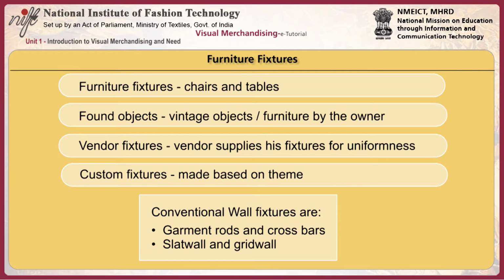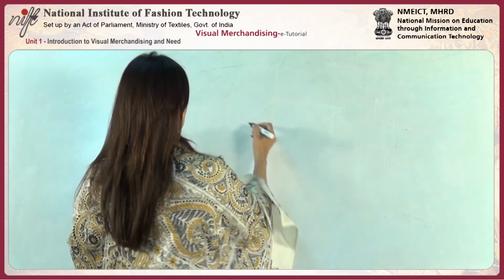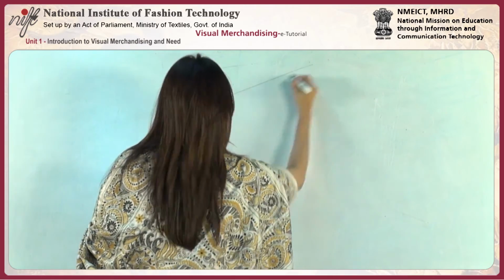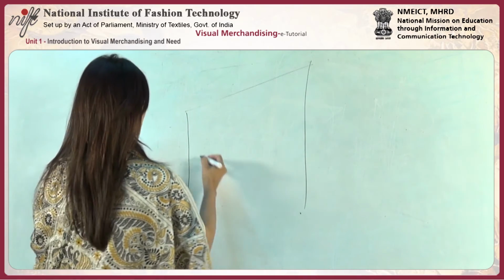So you have vendors who do these fixtures. There is also conventional wall capacity fixture other than the ones on the floor. They are garment rods and cross bars, slat wall and grid wall. Okay, the garment rods, since these are coming on the wall, so let's consider this is our wall and you have the garment rods.